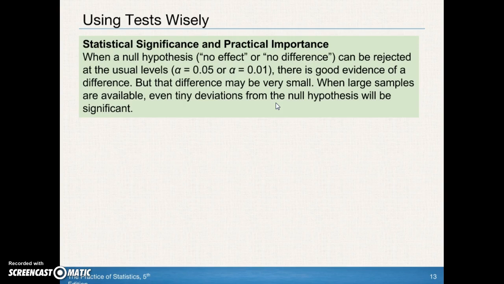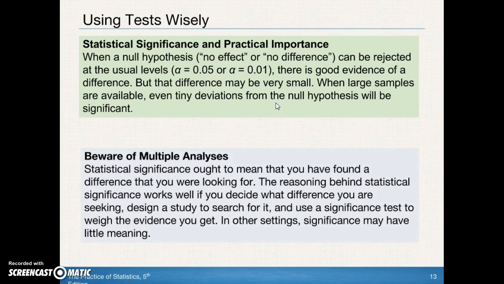Likewise, very small differences from the null might show significance but mean nothing in real life. The last thing that you should be aware of is statistical significance ought to mean that you have found a difference in what you're looking for. And the reason behind this is you decided what you were looking for first. So you have to know where you're going with your test in order to find evidence for it.